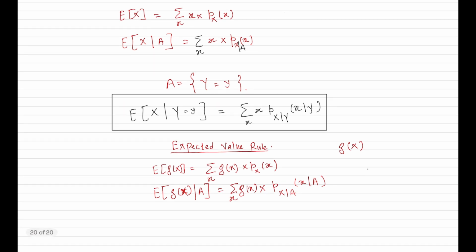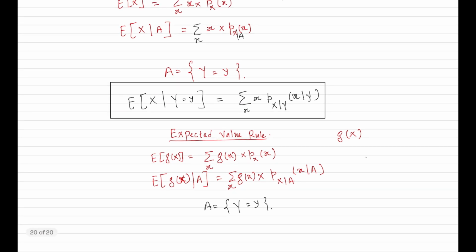Now again, if we are talking about multiple random variables, let's define an event. Let's say the happening of this event A is equivalent to saying that the random variable y takes the value little y.